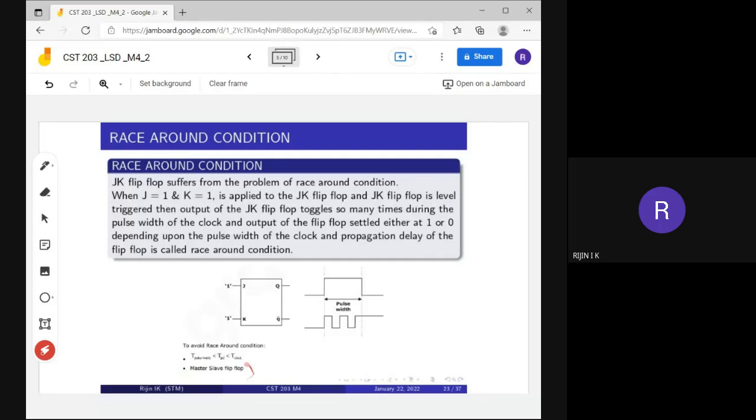We will use another flip-flop called the master slave flip-flop to avoid the race around condition in the JK flip-flop. So that is the race around condition.